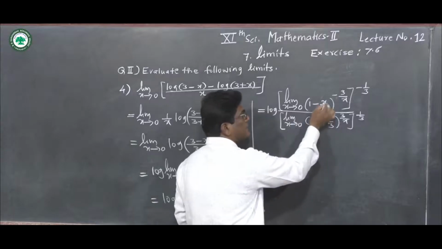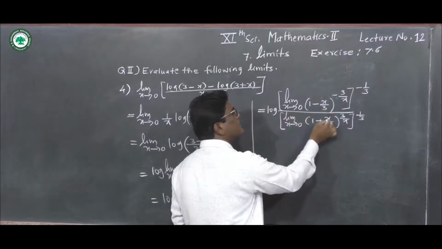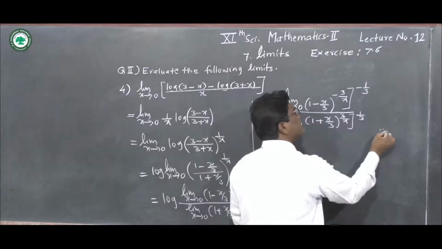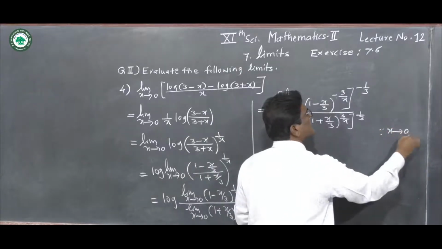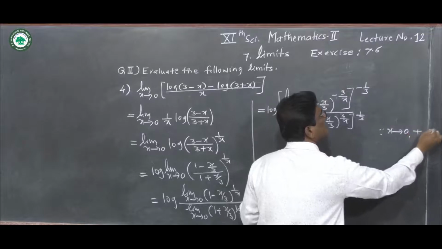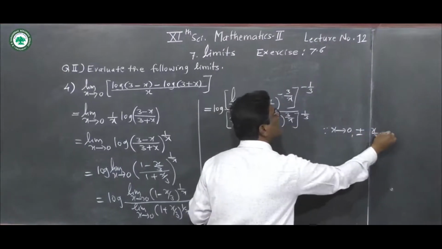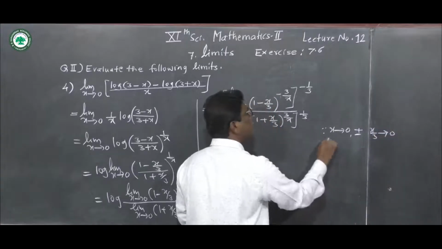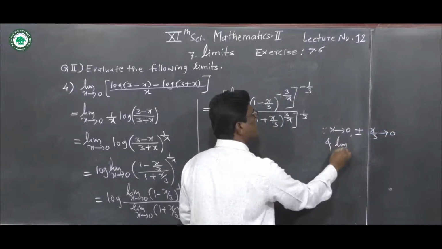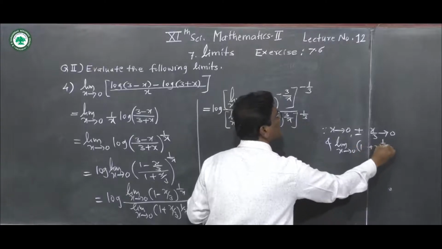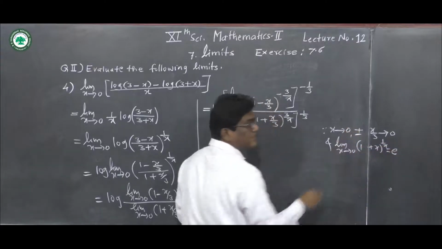Before that, minus x by 3 should tend to 0, and plus x by 3 also tends to 0. Since here x tends to 0, plus x by 3 or minus x by 3 tends to 0. And using the standard formula, limit x tends to 0, (1 plus x) to the power 1 upon x is equal to e. Always write this.